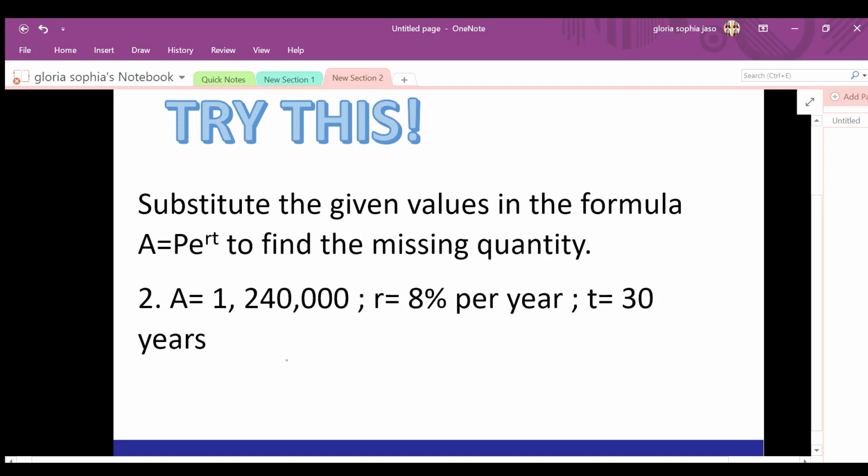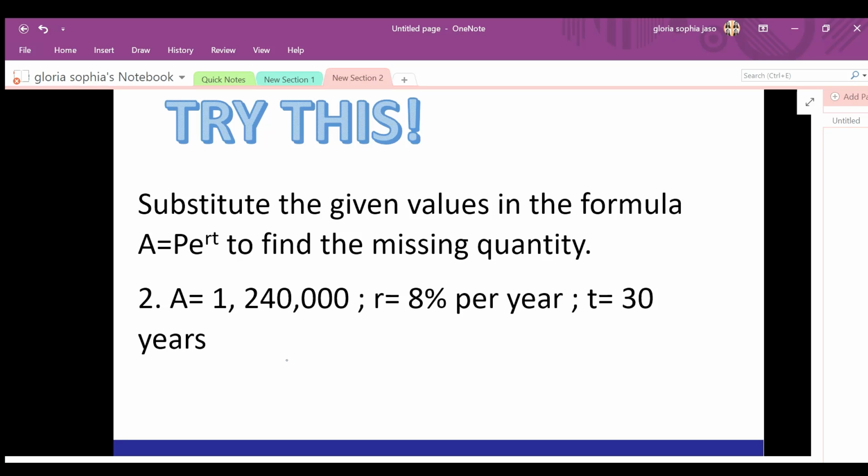Problem 2, substitute the given values in the formula A equals P times e raised to rt to find the missing quantity. So for number 2, we have A equals 1,240,000, r is 8% per year, and t is equal to 30.